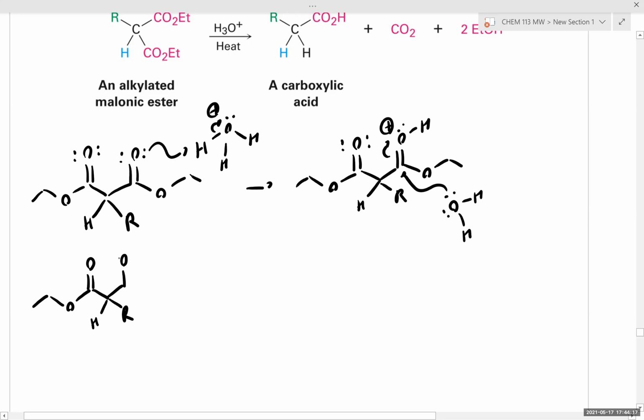From here, we're going to see a series of proton transfers. We're going to need to activate this ester alcohol as a leaving group. And to accomplish that, we are going to protonate our ester alcohol, and we're going to free up a lone pair on oxygen.